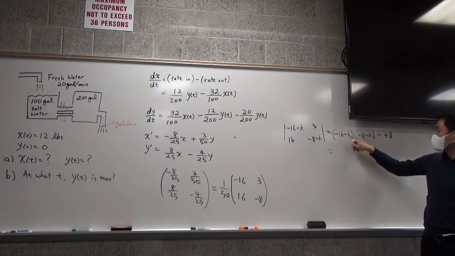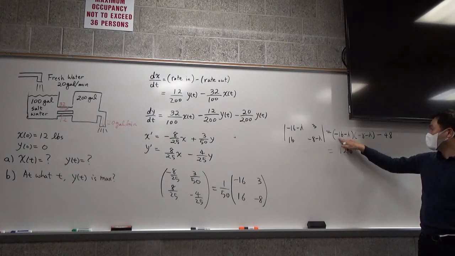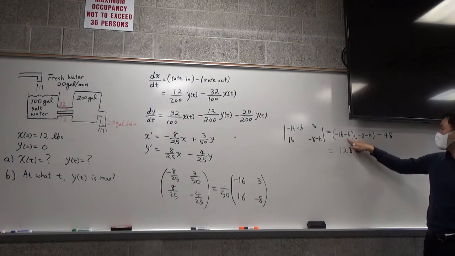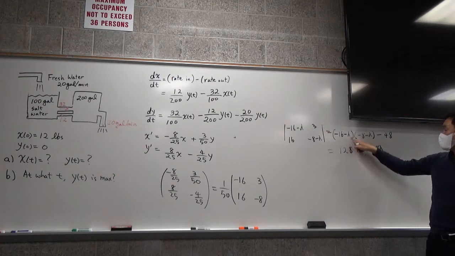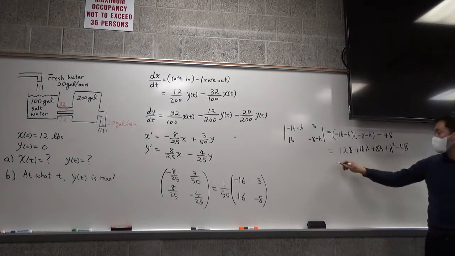And if you FOIL this out, negative 16 times negative 8 is 128. Negative 16 times negative lambda is positive 16 lambda. Negative lambda times negative 8 is plus 8 lambda. Negative lambda times negative lambda is positive lambda squared. Minus 48.